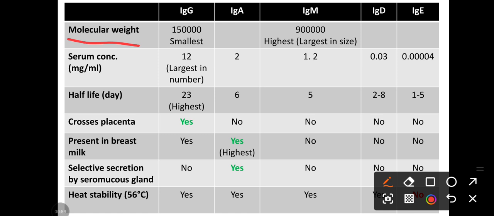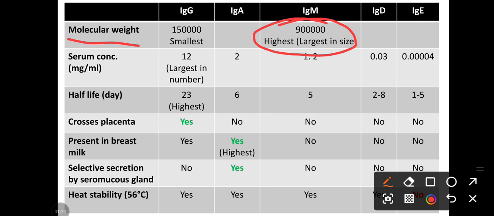So we can say IgM is the largest in size because it has the highest molecular weight, and the smallest in size is your IgG. From molecular weight, these 2 points are very important: which one is the smallest in size and which one is the largest in size.